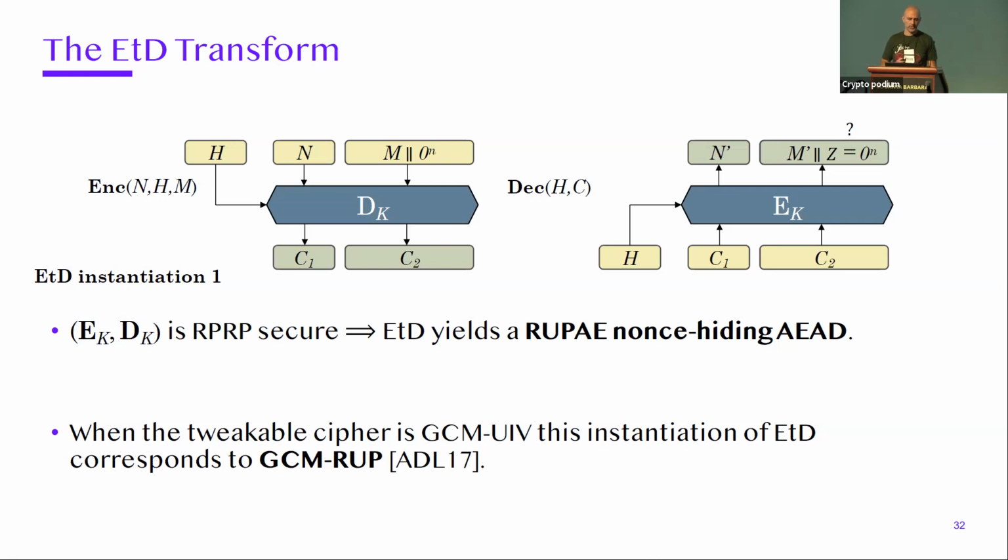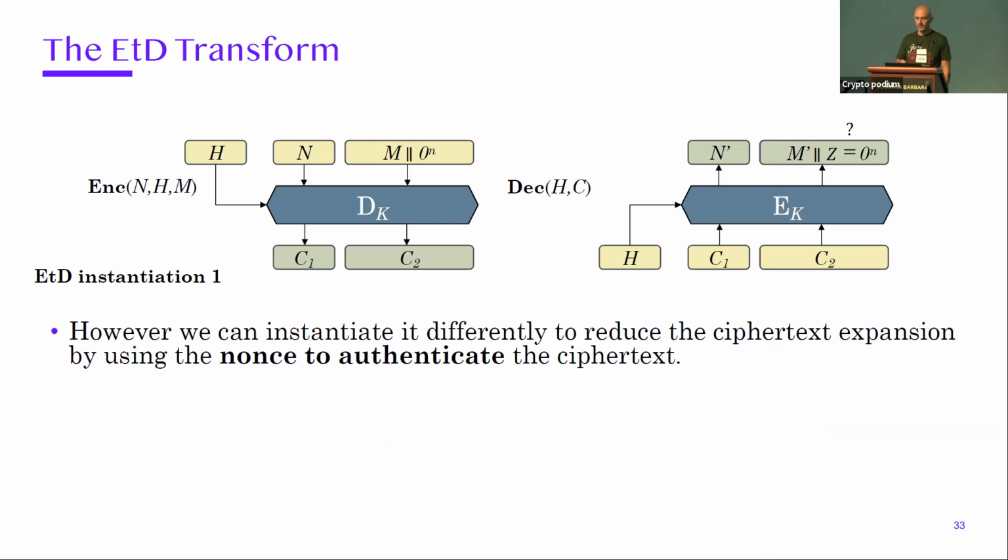However, we can instantiate this construction a bit differently and obtain a nonce-based scheme with more compact ciphertext. So essentially, we don't really need the extra redundant bits. We can simply use the nonce itself as the redundant bits. So we can get rid of the extra zeros that we're appending in the message part.